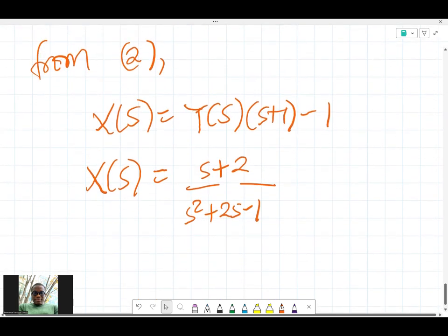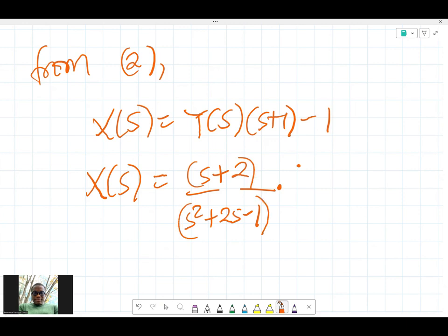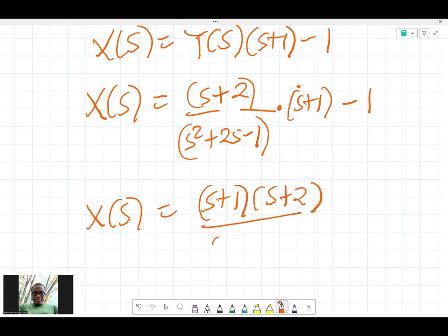So that's y of s, now multiplied by s plus 1 all over this, multiplied by s plus 1 minus 1. So we can tidy that up. So x of s is equal to s plus 1 into s plus 2 all over s squared plus 2s minus 1, minus 1 over 1.